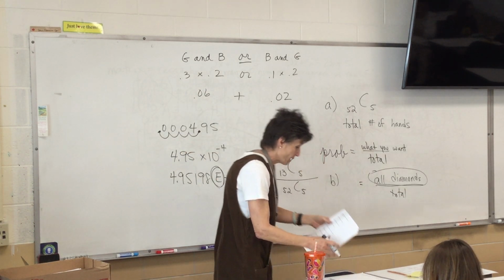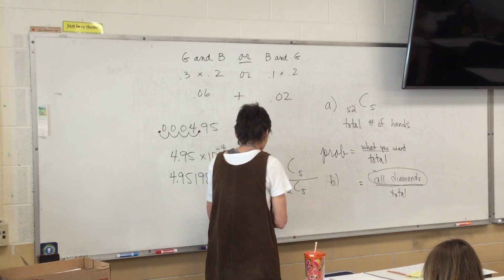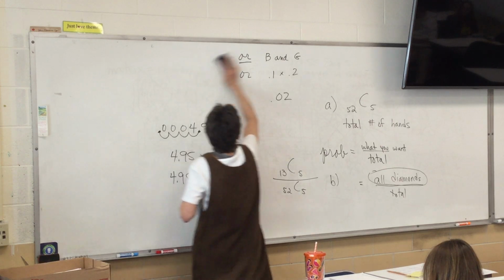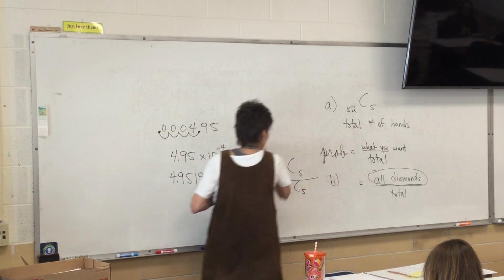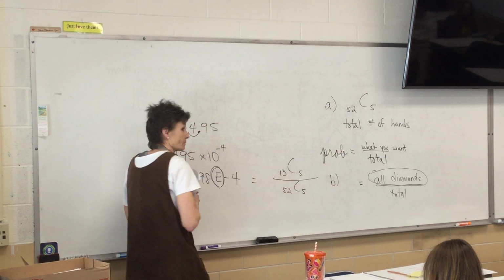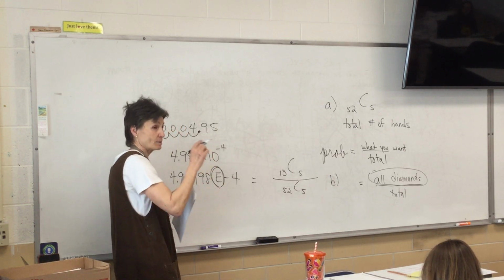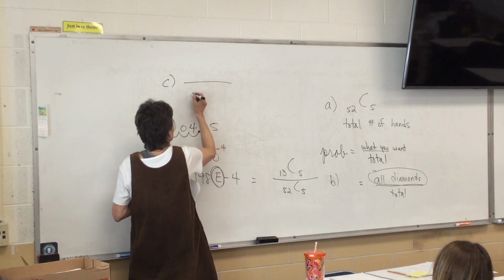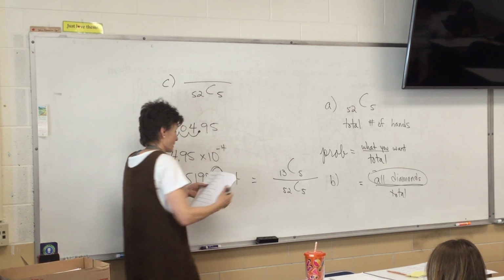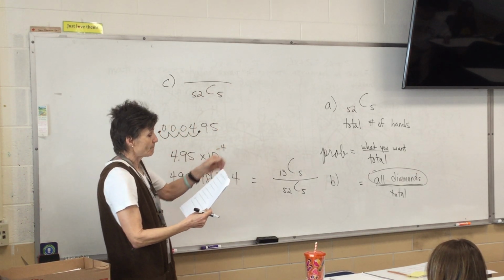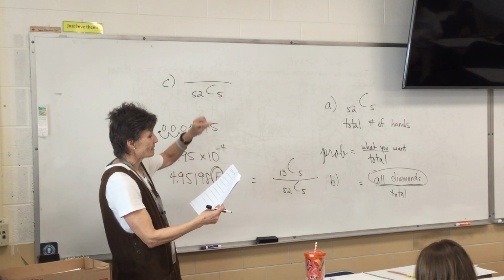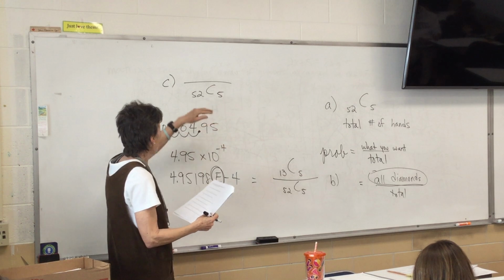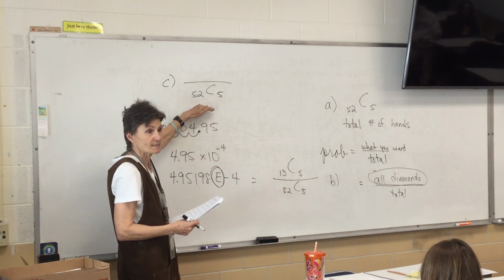All right, what's the probability of being dealt a hand with all face cards? All right, we'll stop. What's the denominator? 52C5. In this set of problems, consider being dealt a 5-card hand. All your denominators are going to be this.